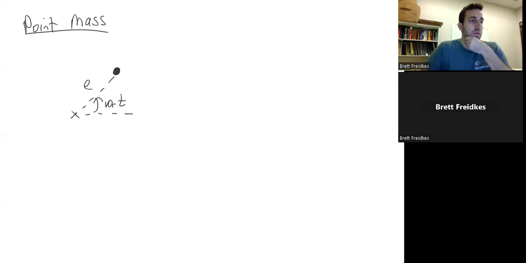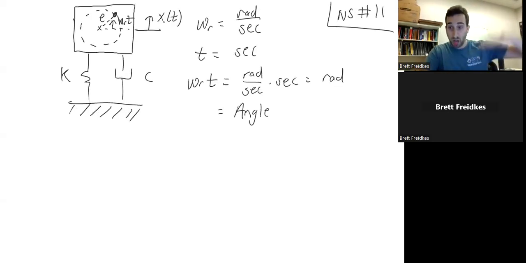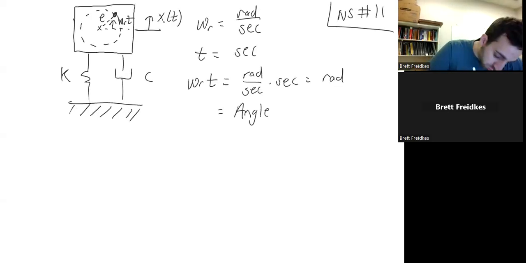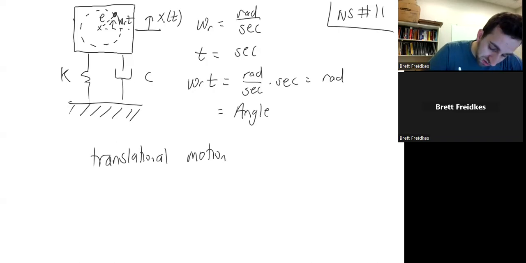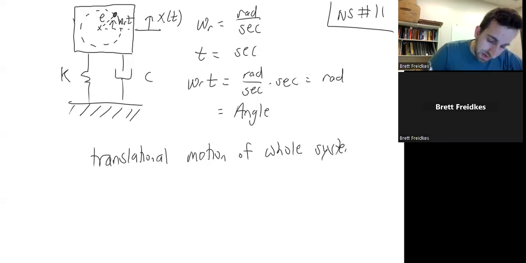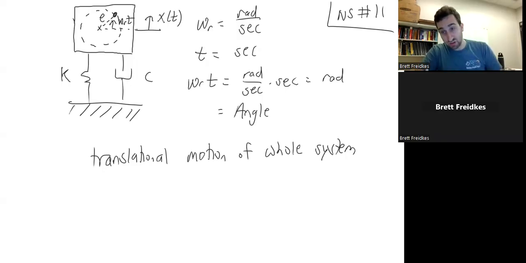And if you think about the position of this mass, remember that this whole system here is going up and down. So there's translational motion of the whole system. And then the point mass is also oscillating around in a circle, because the machine is spinning or something.